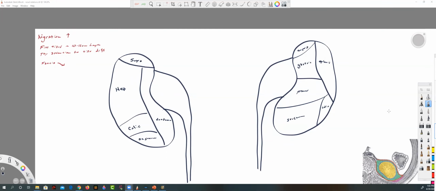The kidneys start in the pelvis, and there's actually a whole three-part production of the kidneys, but we don't need to go over that now. Actually, we'll go over a little bit of that in embryology next semester. But suffice it to say, they start in the pelvis, and sometimes they don't leave. So if you ever are looking for a kidney that you can't find, look in the patient's pelvis. It might still be there. So they migrate up from the pelvis.